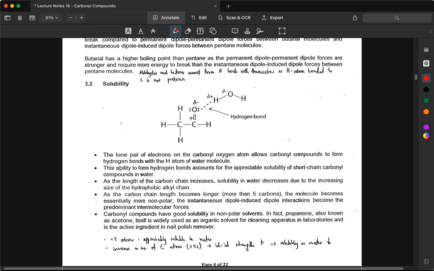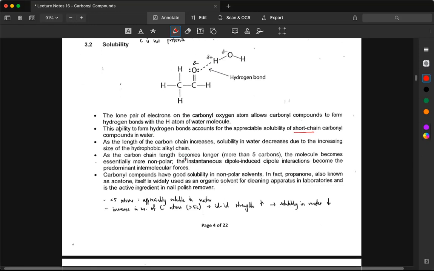But it cannot form intermolecular hydrogen bond within itself. So it can form hydrogen bond with water, but by itself cannot. Okay, so this ability to form hydrogen bond accounts for the solubility of short chain carbonyl. I need to emphasize short chain.